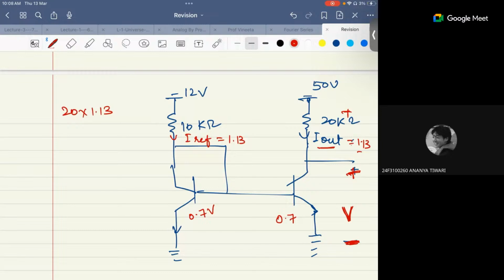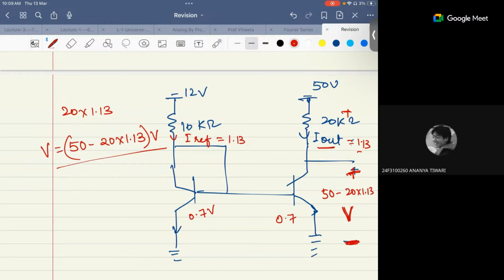It will be 50 minus 20 into 1.13. That will be the value of B. So this problem will come from the mirroring.